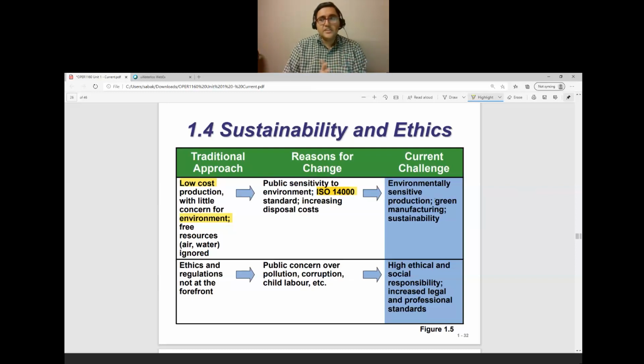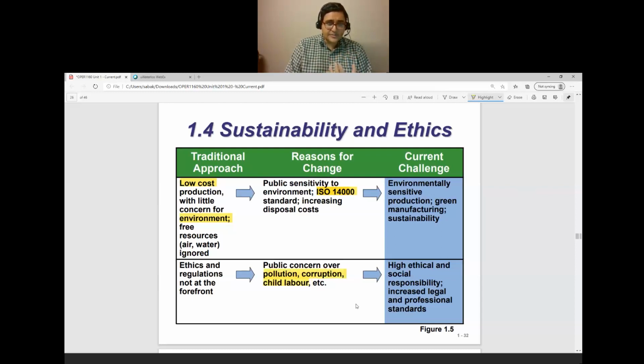So today people are sensitive to production, and we hear a lot about concepts called green manufacturing, recycling the things and so on. So it's all a recent change which has happened in, say, the last 10 to 15 years, which was not there earlier. And ethics and regulations have now become really important.